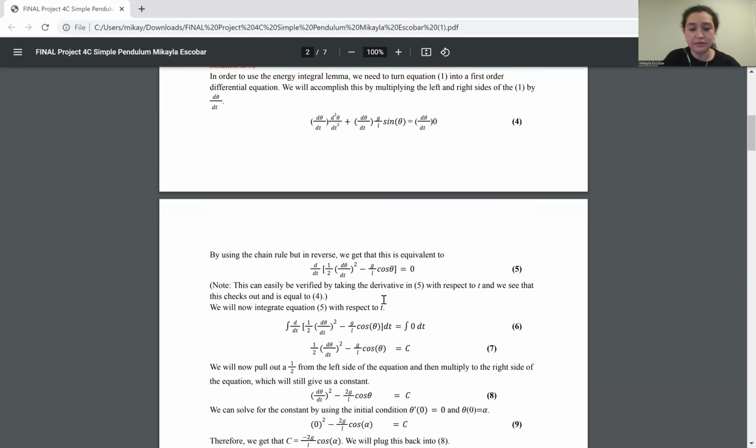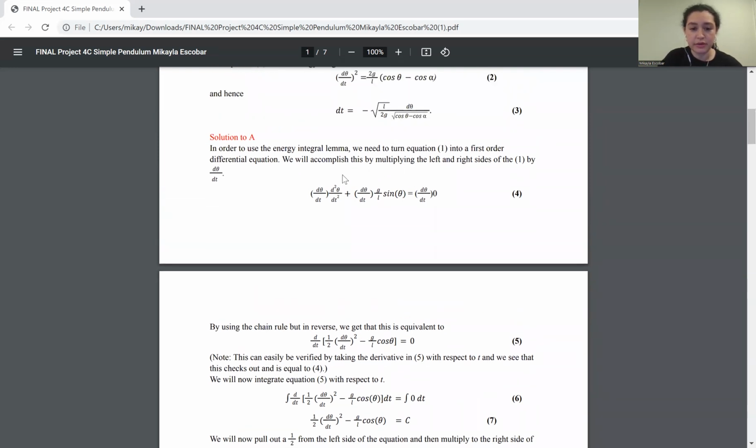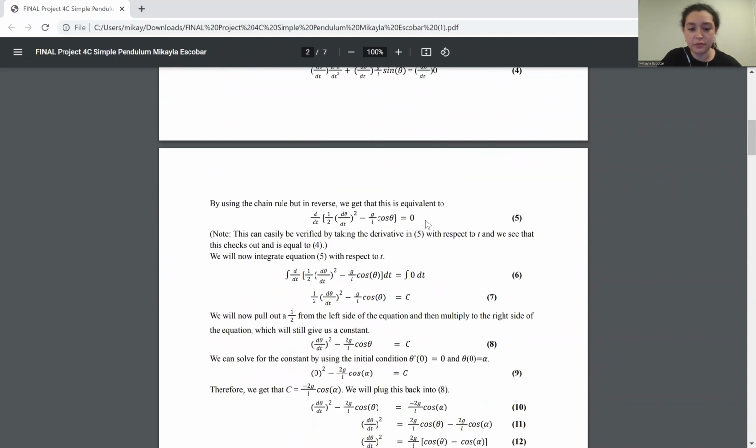And we can easily confirm that this right here, equation 5, is equivalent to equation 4 here. If you just take the derivative of equation 5, you'll see that you get equation 4.